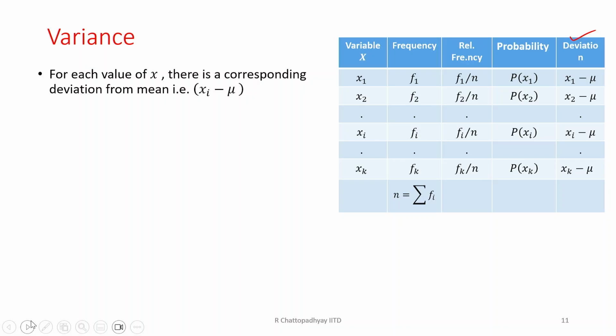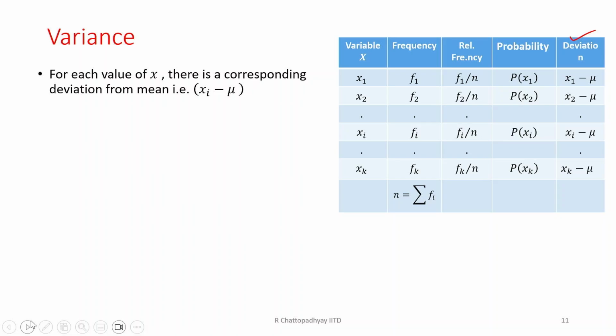Variance is a measure of variability, variability with respect to the central point, that is the average or the mean. So how much variation is there with respect to mean? We need to know what are the different deviations from the mean.